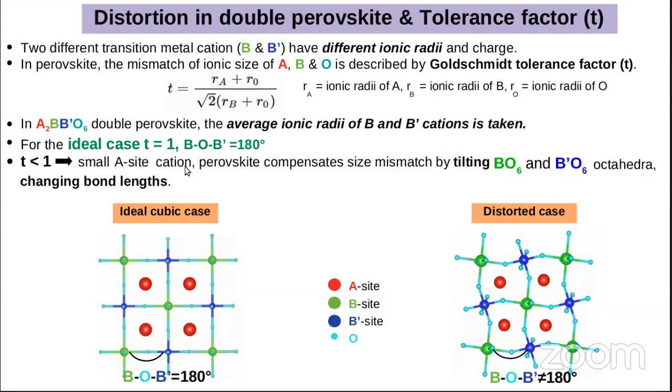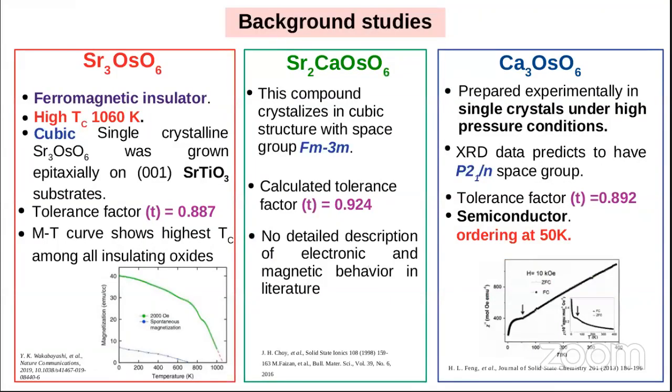For the ideal case, t is equal to 1 and the B-O-B' angle is 180 degrees. For t less than 1, the smaller A-site cation in the perovskite compensates the size mismatch by tilting the BO6 and B'O6 octahedra, and in the distorted case the B-O-B' angle deviates from the ideal 180 degrees.